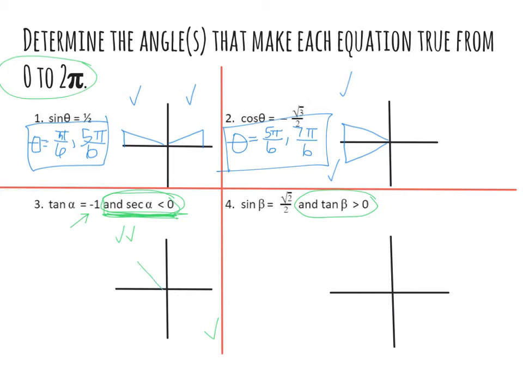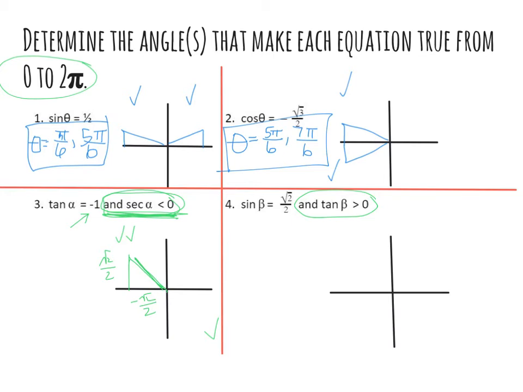So in our second quadrant here, the terminal side of our angle will look like this, creating the 45, 45, 90 triangle that gives us negative root 2 over 2 for the x and positive root 2 over 2 for the y, which is again what creates that negative 1 for tangent.